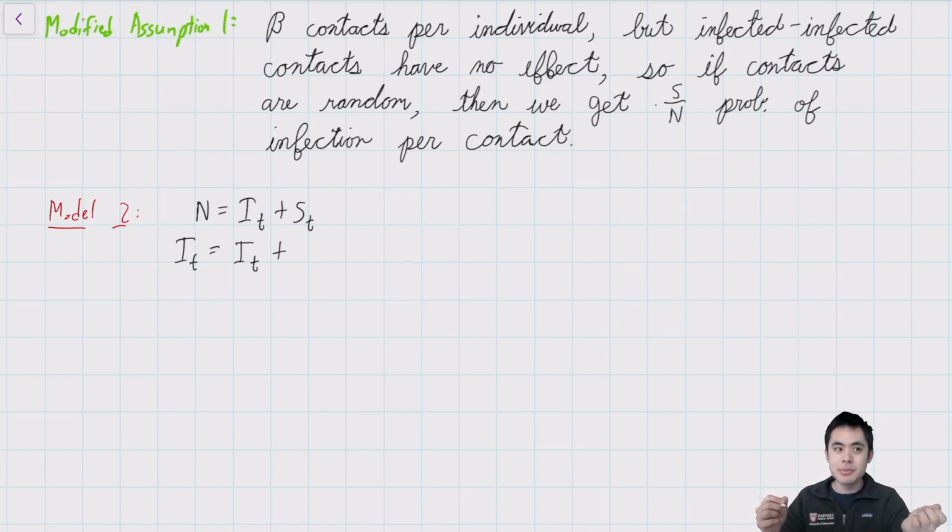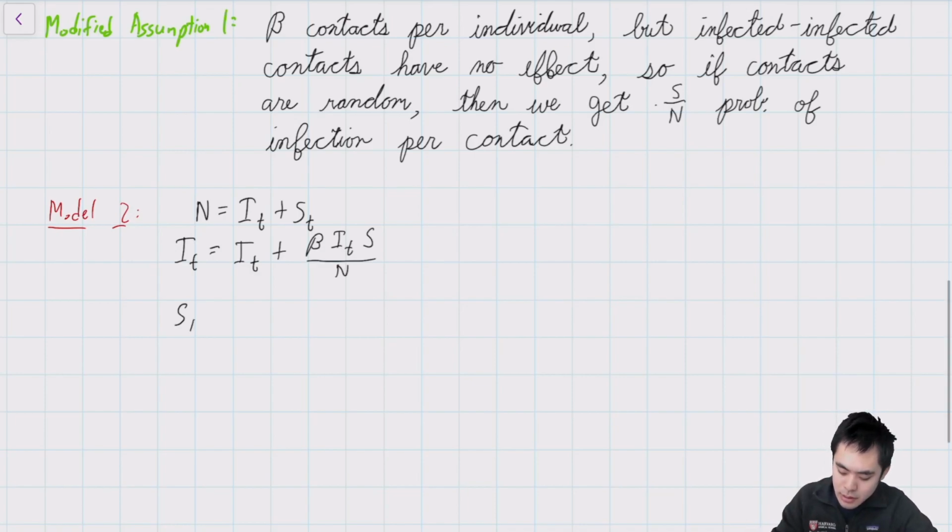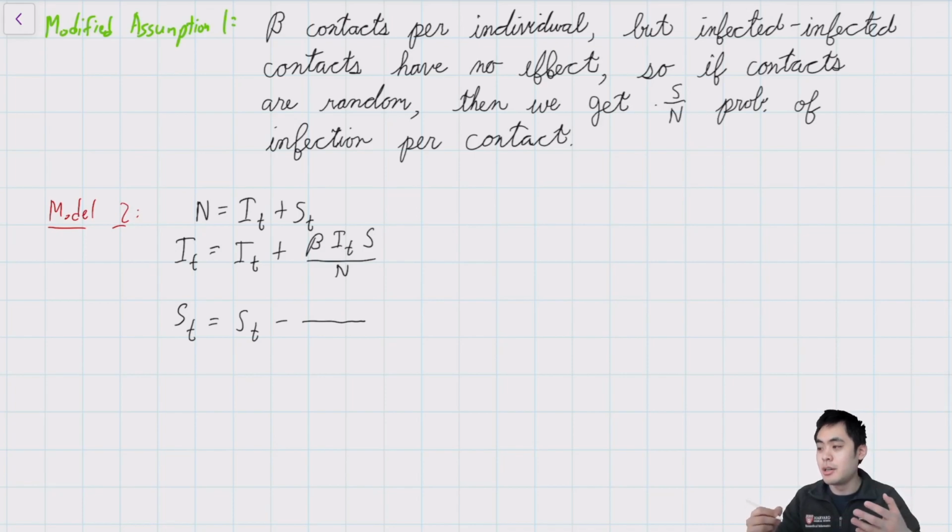We have beta contacts per individual. We have I_t infected individuals, and then we multiply it by S over N for the probability that you get an infection out of that contact. And S_{t+1} is going to be pretty similar, so we're going to lose however many individuals from our susceptible population because they become infected individuals in the time step.